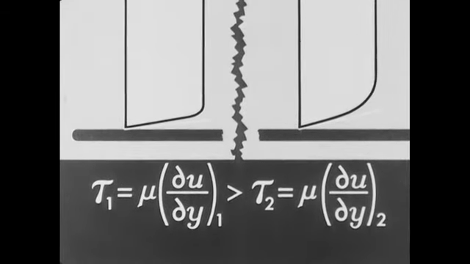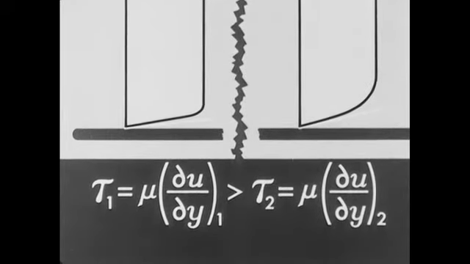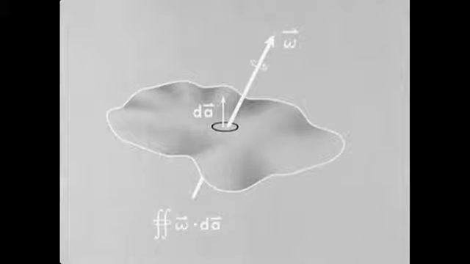The growth of the boundary layer thickness along the plate can be explained by considering the time history of the vorticity within the boundary layer. Stokes' theorem states that the area integral of the vorticity omega, bounded by a closed contour, is equal to the line integral of the velocity around the bounding contour.